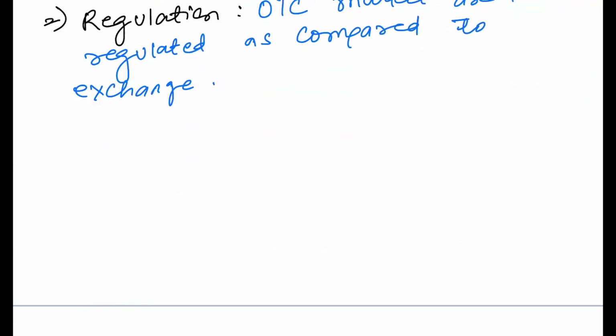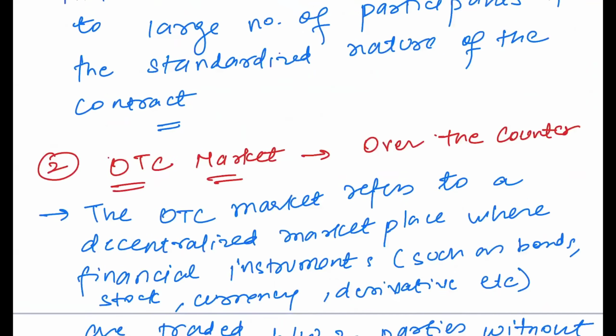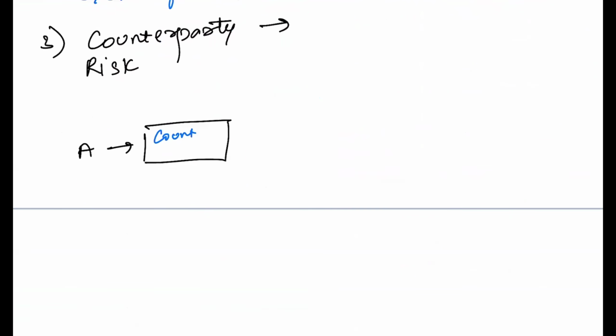Okay. Then we have our third point, which is counterparty risk. See, the way exchange works, there was a clearing house involved, right? There was a clearing house involved in an exchange.